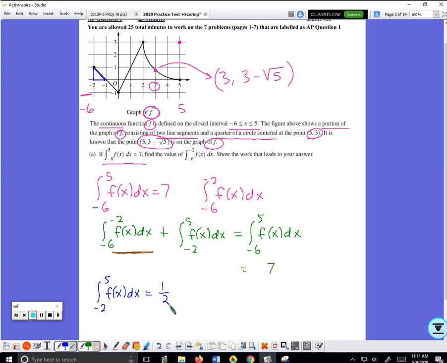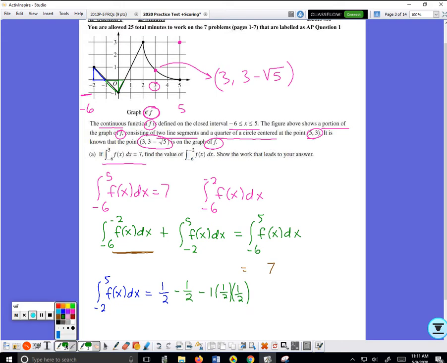Then this portion of f is negative, so that counts as negative a half. This portion is also negative. That's minus 1 times a half times another half. It's a fourth, but I can leave it like that.